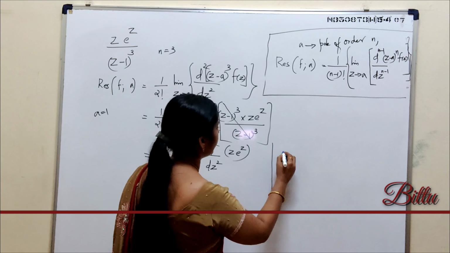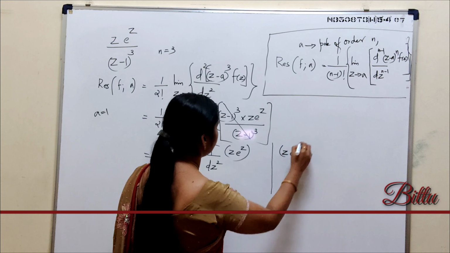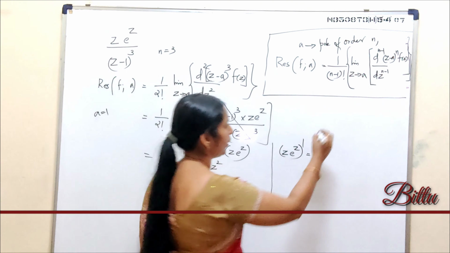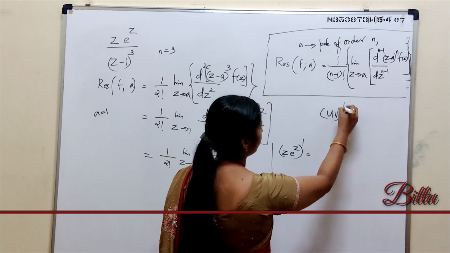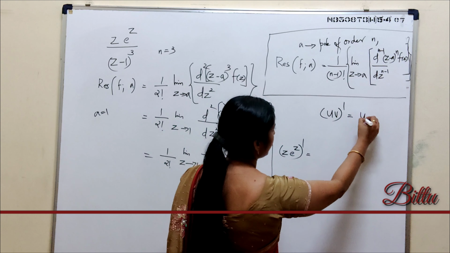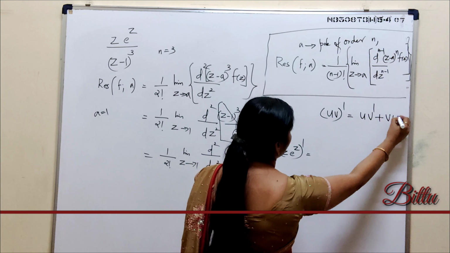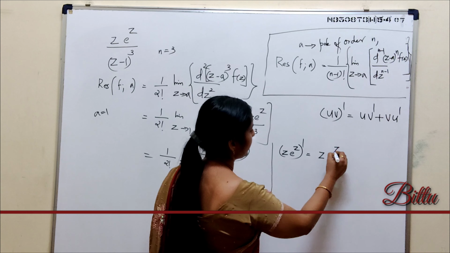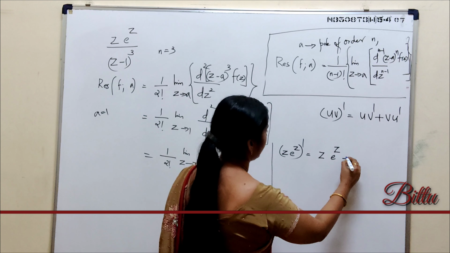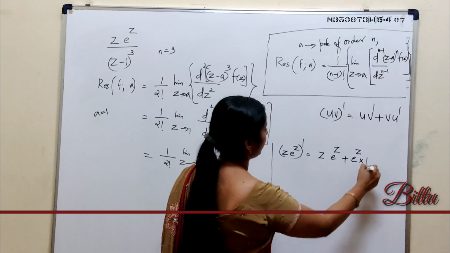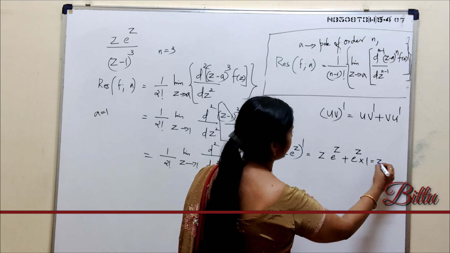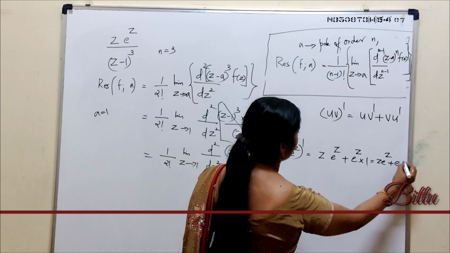Its first derivative is, here it's a product, so you apply product rule, and product rule is (uv)' is first into derivative of second plus second into derivative of first. First into derivative of e raised to z is e raised to z itself, plus e raised to z into derivative of z, it is 1. So it is z e raised to z plus e raised to z.